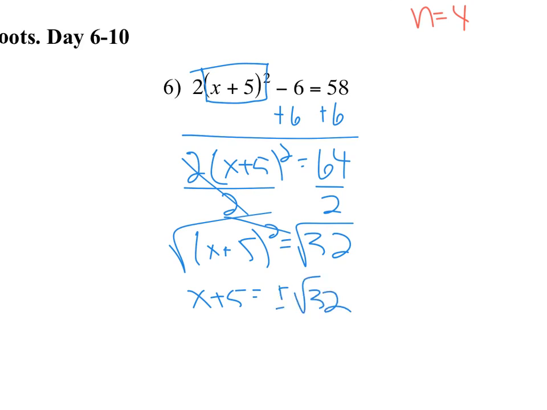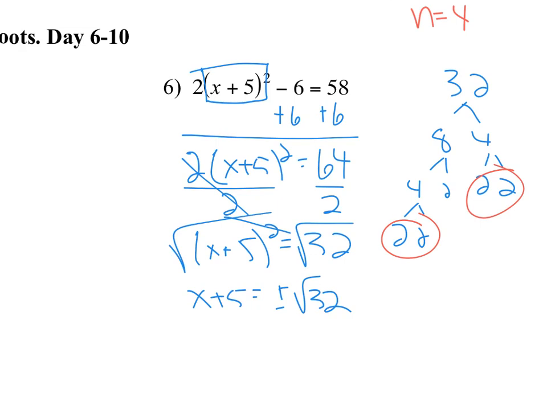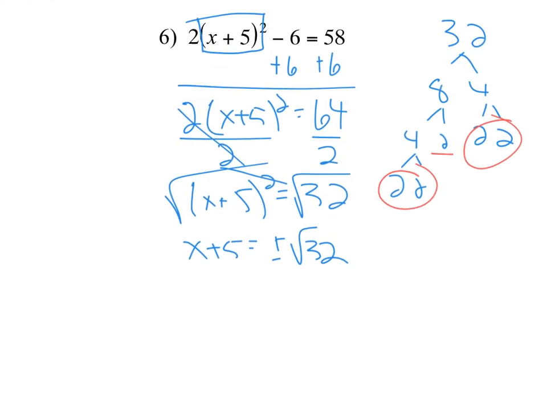And then we're going to break that down. So two things to multiply. First thing that comes to my mind is 8 and 4. Could have done 16 and 2. You have some options there. 8 becomes 4 and 2. 4 is 2 and 2. Same thing with this 4. And we look for our pairs. So I have a pair of 2's there and a pair of 2's there. Each pair gets to come out, and then we have a 2 left on the inside.